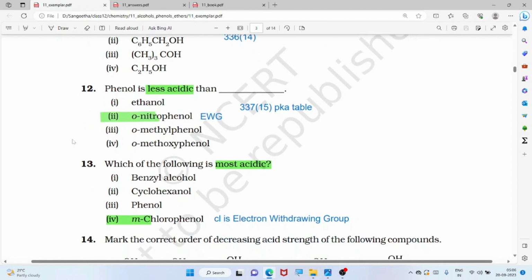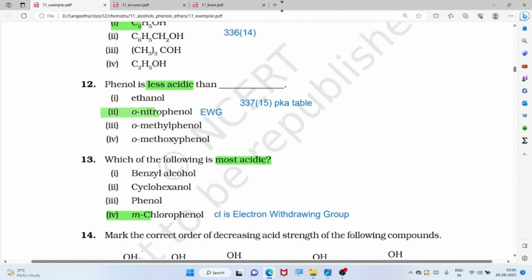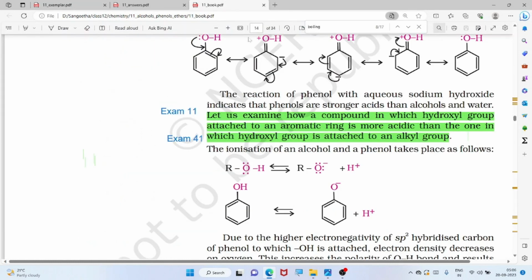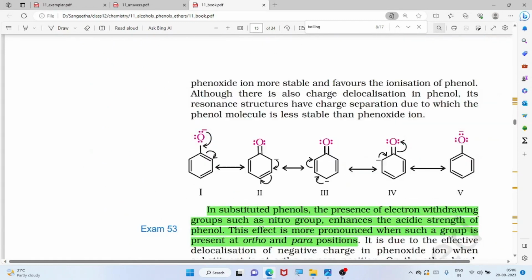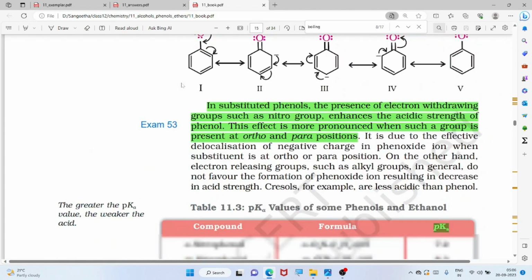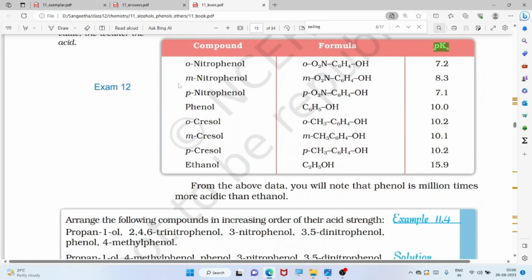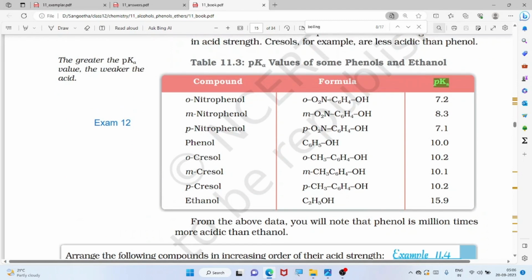Phenol is less acidic than the nitrophenol because the nitro group is connected, that is an electron withdrawing group. See, if you look at this, you will see these Ka values.